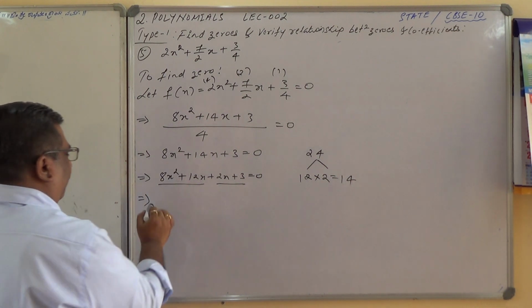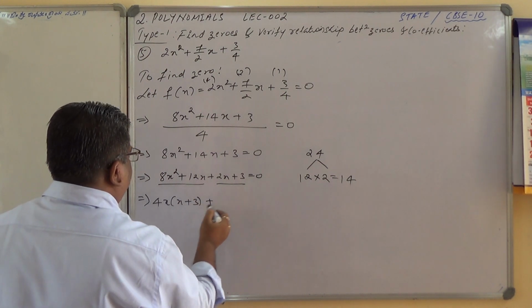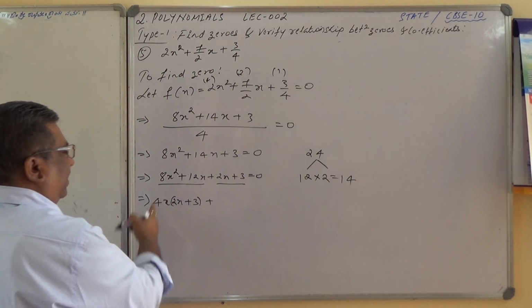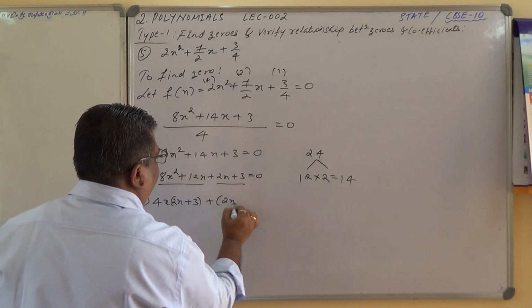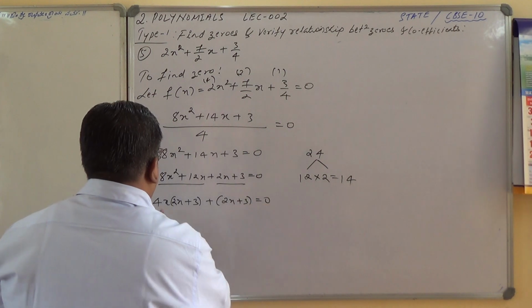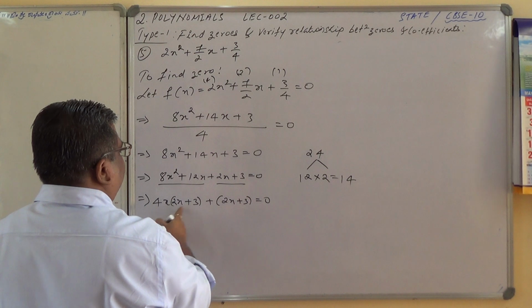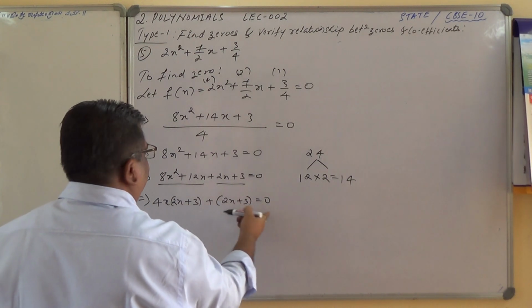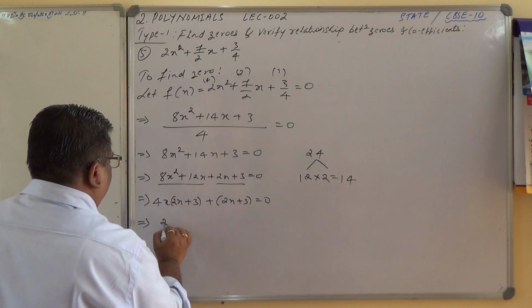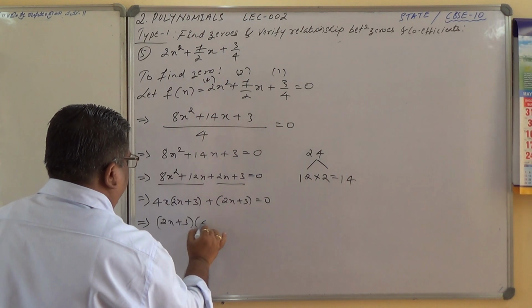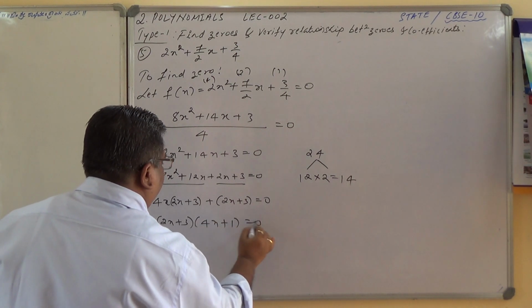Common here it is 4x: 4x into 2x plus 3 plus 2x plus 3. Correct? Here it is simply take one common, which is nothing but 2x plus 3. 4x if I take here, 4x into 2x plus 3, plus 2x plus 3. It is correct. And therefore, here I will take 2x plus 3 into 4x plus 1, which equals 0.